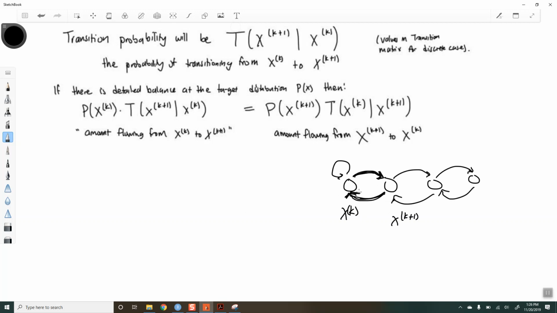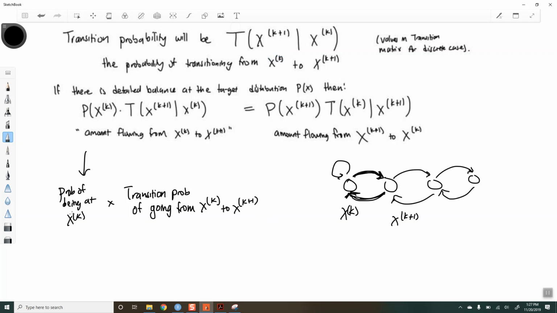And so the amount that's flowing is going to be the probability of being at xk. We can think of this as the population of the island. The probability of being there times the transition probability, so when you have the transition matrix, the transition probability of then going from xk to xk plus 1, right?